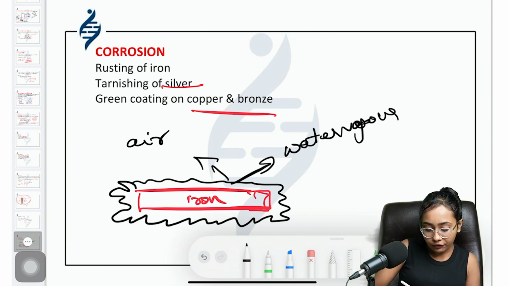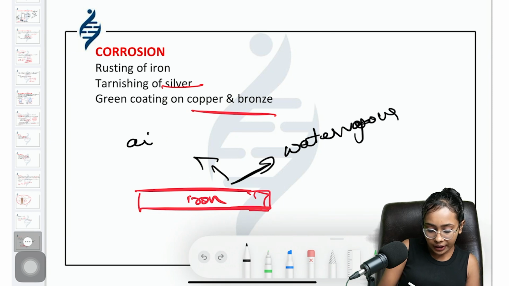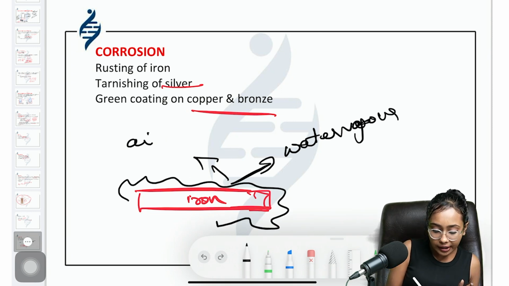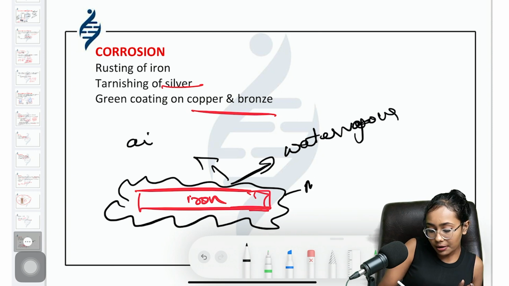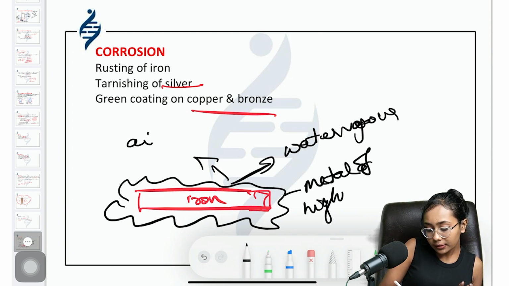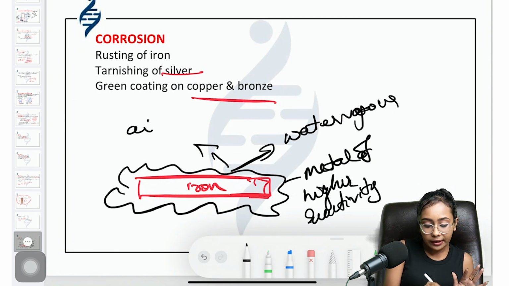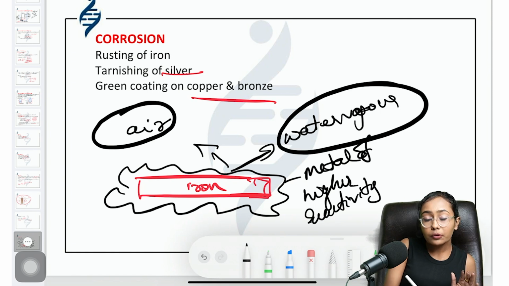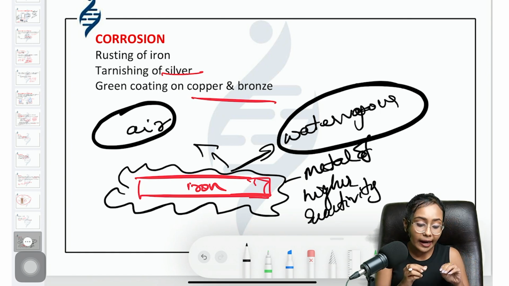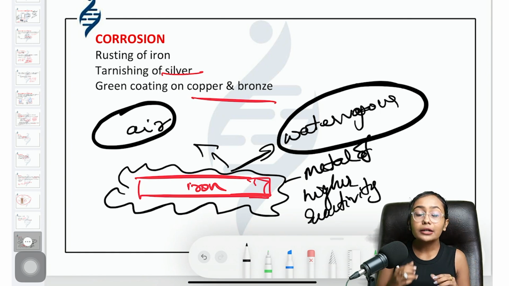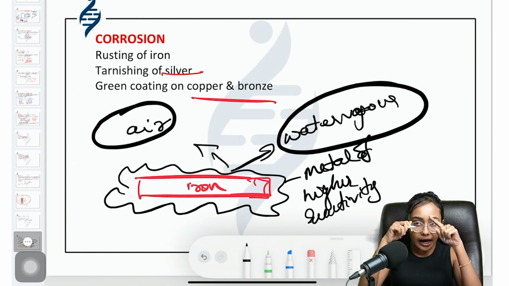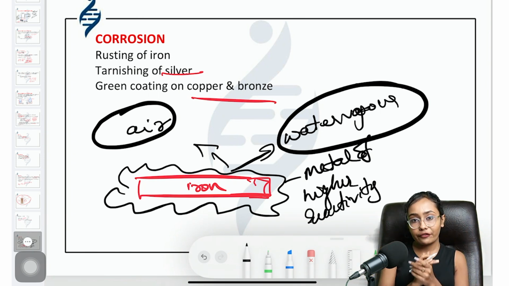If this is iron, and I have coated it with a metal of higher reactivity, when it comes in contact with water vapor and air, nothing will happen to the iron inside, but the higher reactive metal on the top surface will undergo rusting.